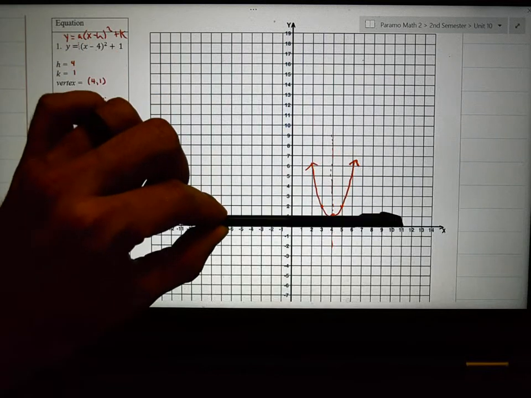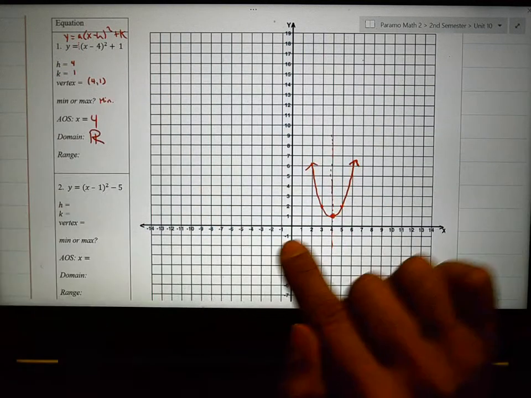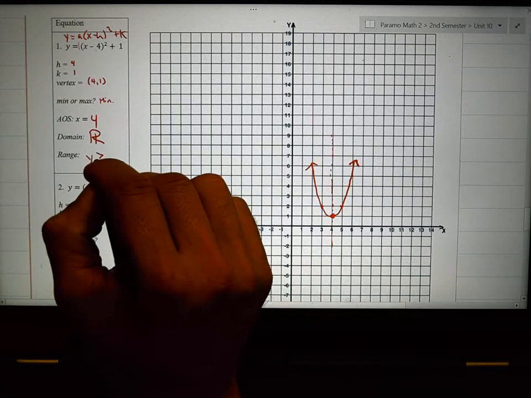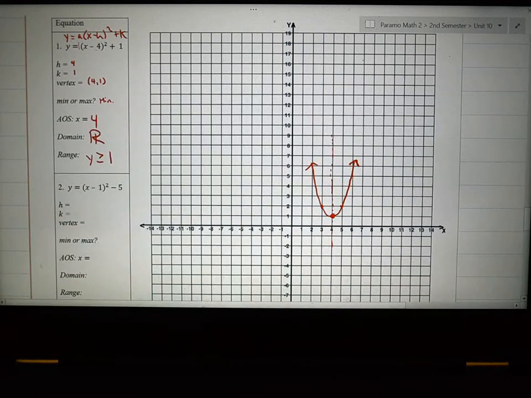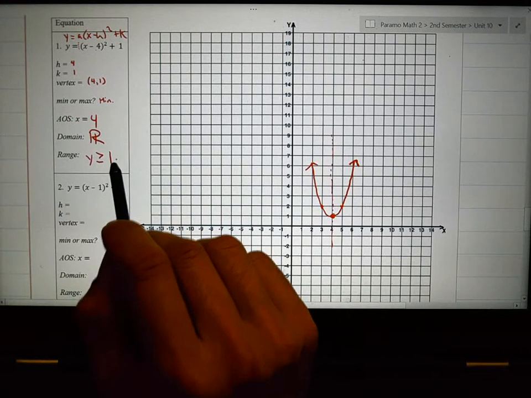Because we have Y values in our graph that are here and above, we're using Y values that are greater than or equal to that minimum value. It's almost like we could have said Y is greater than or equal to the K value, which it is.